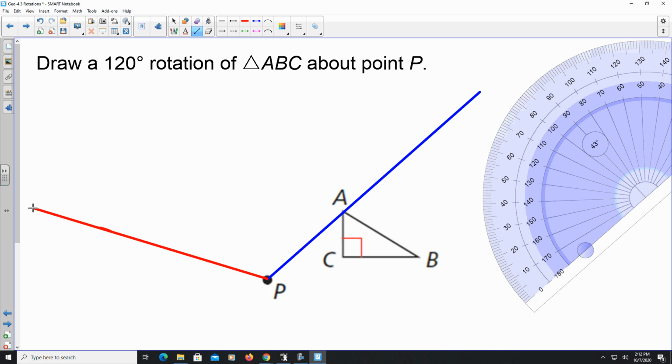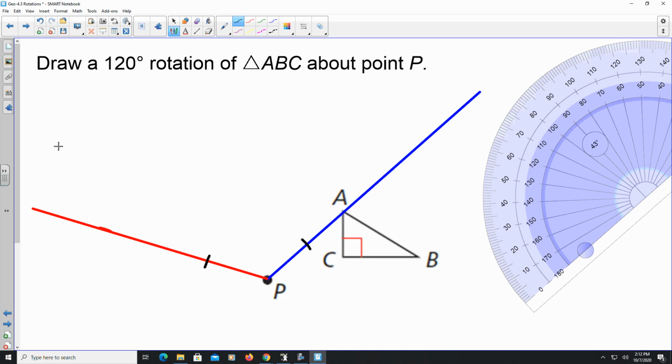So from the blue line to the red line is 120 degrees. Now, how are we going to get A prime, the new point? We need to keep in mind that the distance from A to P needs to be the same as the distance from P to A prime.